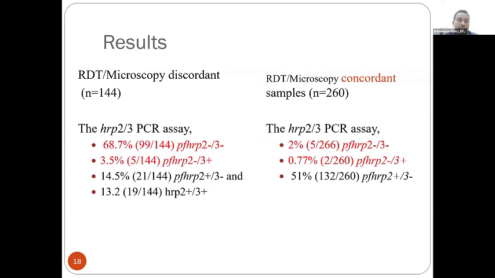In the discordant results, we got a similar result to the previous study, with 68.7% both deleted, 3.5% only PF-HRP2, and 40.5% only PF-HRP3. About 13% were non-deleted from the discordant results, and about 3% from the concordant results.